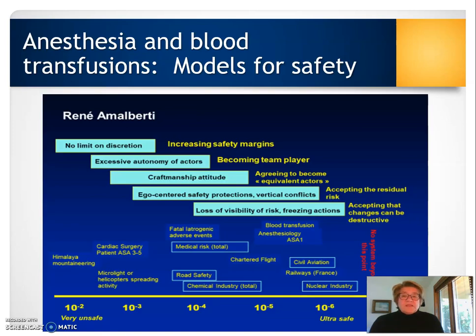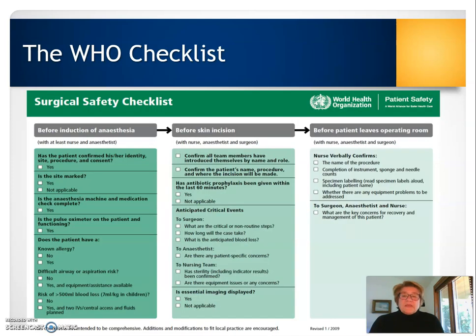We talked about this slide last week, where anesthesia and blood transfusions really have put measures into place that make error less likely. The WHO checklist was developed about 10 years ago, and it was shown in the first studies to decrease mortality by 50%.